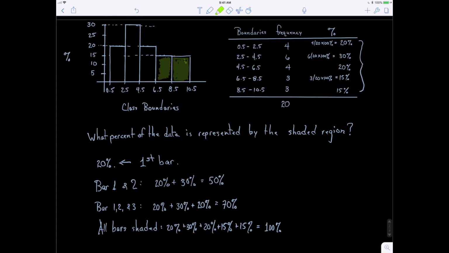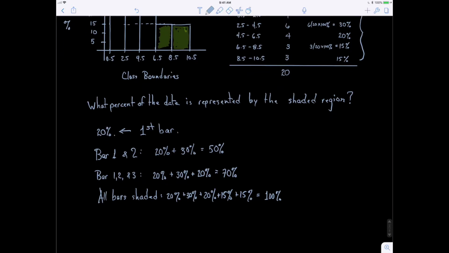Believe it or not, you don't have to work too hard, because if you look at your frequency distribution or right here at the histogram, you can see that each of those bars represents 15%. So when bars 4 and 5 are shaded, that's 15% plus 15%. So you could say that that represents 30% of our data.